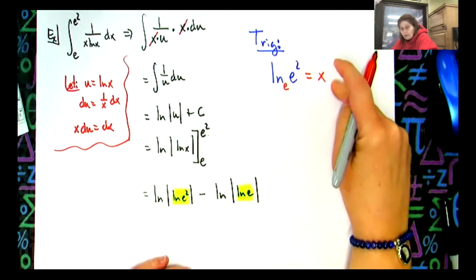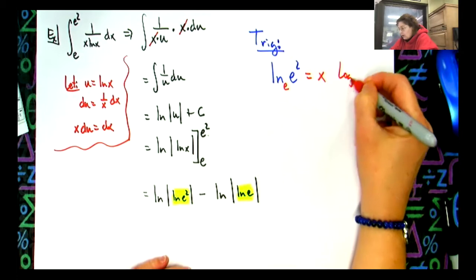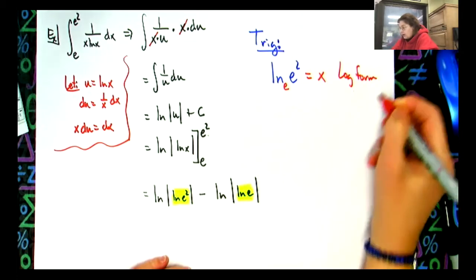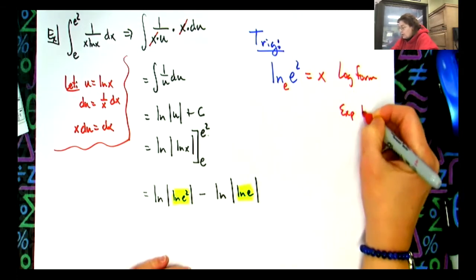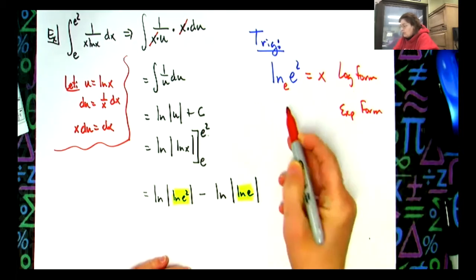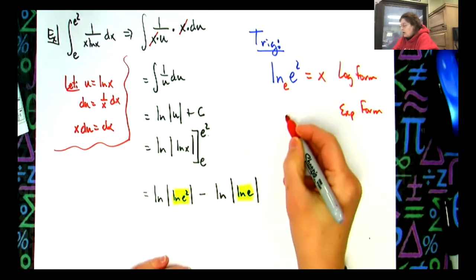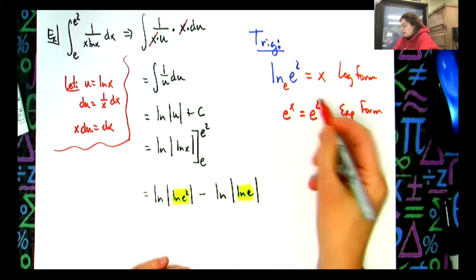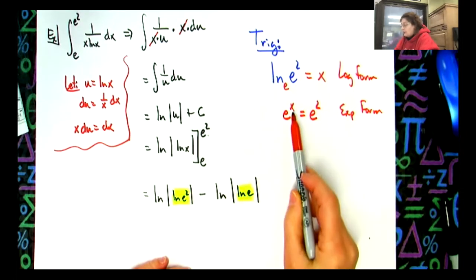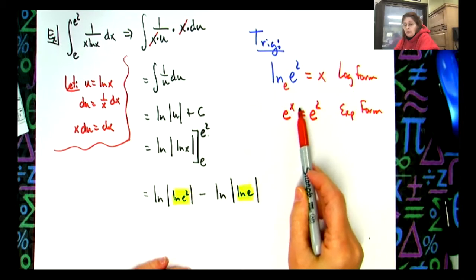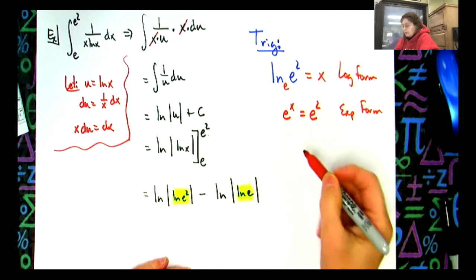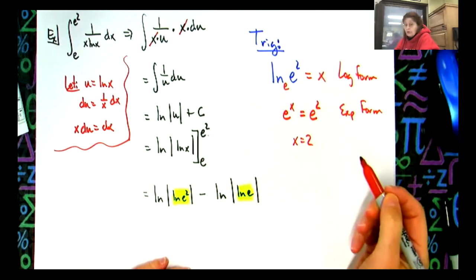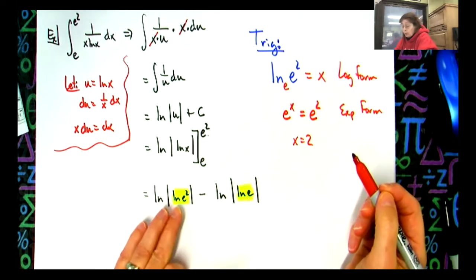I'm in log form here. I want to go to exponential form, which means e raised to the x is equal to e squared. So x has to be 2. There's the algebra behind what this equals.